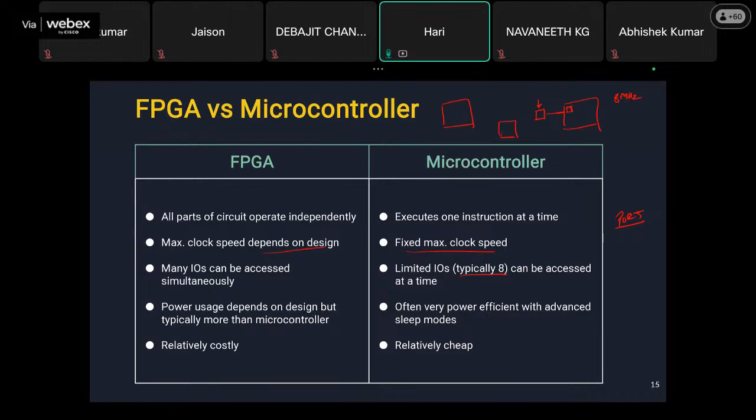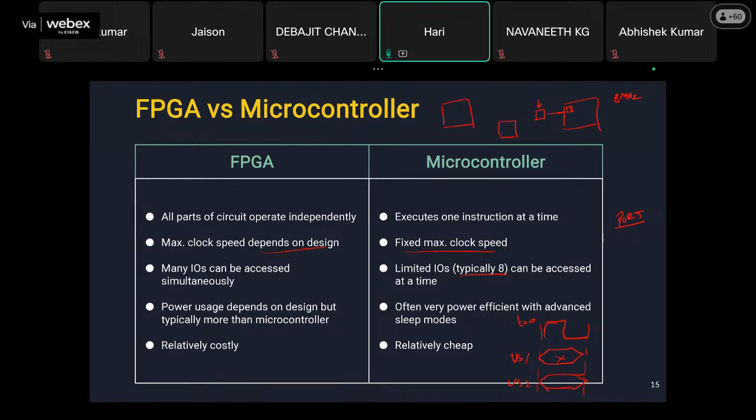Parallelly in the sense that, assume you are trying to read a value from a sensor. Maybe let's call that particular sensor an ultrasonic sensor. In an FPGA, you can read like this. If this is one clock cycle, I hope you can understand this diagram. So in one clock cycle in an FPGA, you can read the value of ultrasonic sensor one and ultrasonic sensor two at that particular time, maybe we call it t equal to 0.